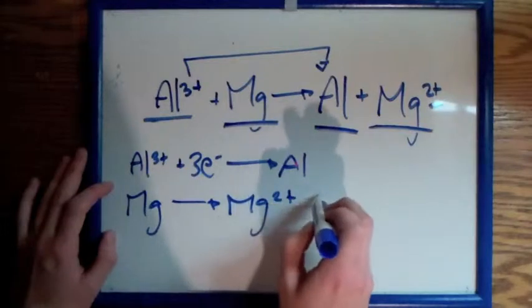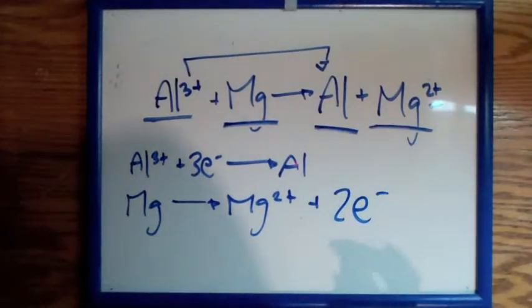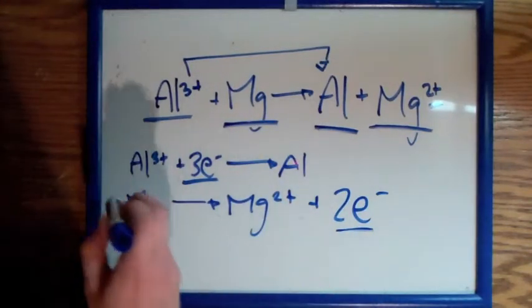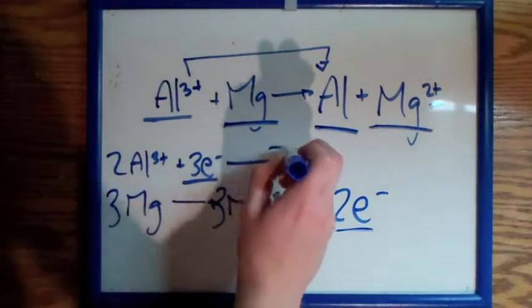We need to find out what is reduced and what is oxidized. And so you have 3 electrons for aluminum and 2 electrons for magnesium. So in order to balance it, we need to put 3 at these coefficients and 2 at these coefficients.